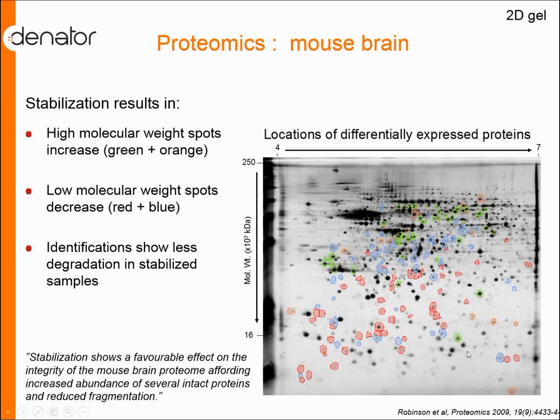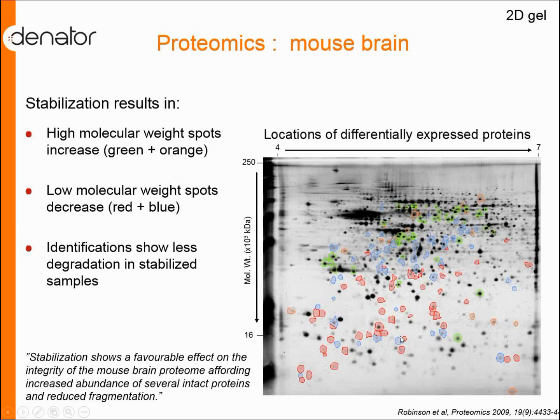What we see is that the majority of the proteins upregulated, or detected at higher intensity, in the snap frozen samples are found in the lower part of the gel, compared to the ones detected at higher levels in the stabilized samples, which are generally in the middle to higher part of the gel. Again, the general explanation is that these are formed due to degradation fragments.